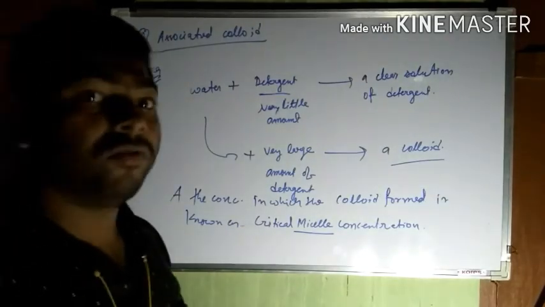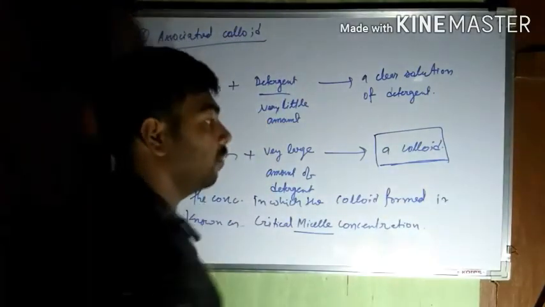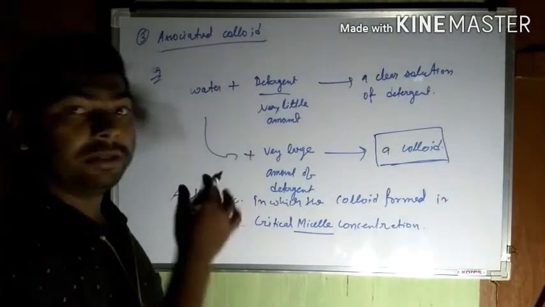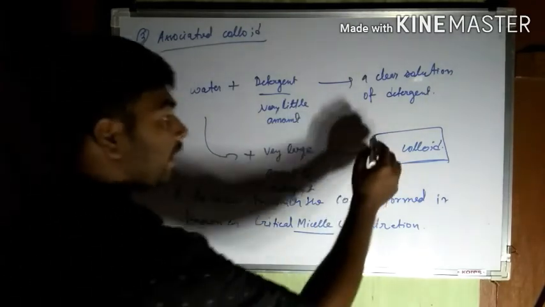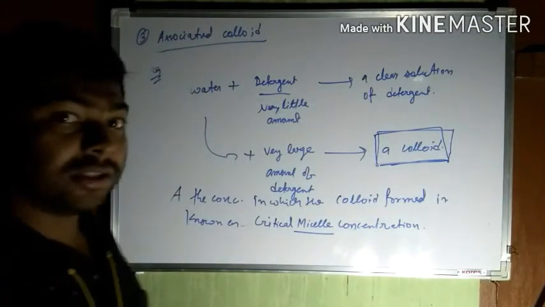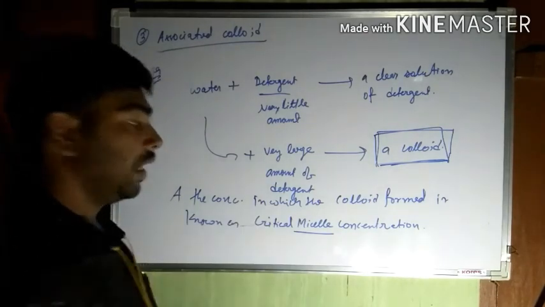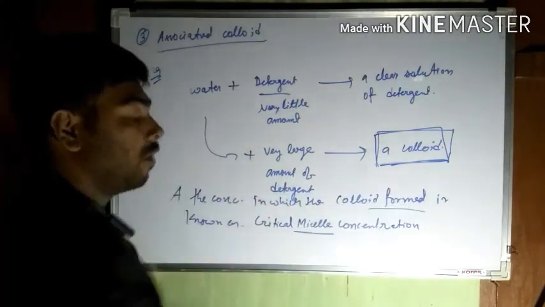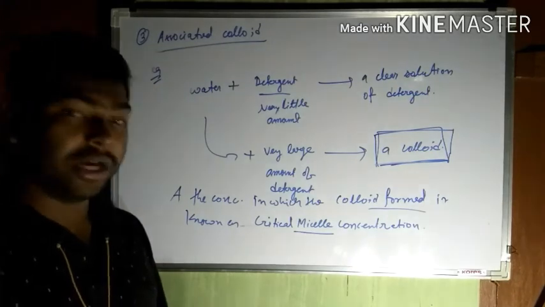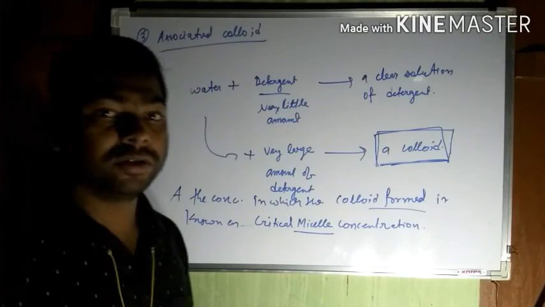Now, what is a micelle? Whenever a colloid forms, it must be an aggregation of the molecules of individual species, and this aggregation to form a colloid is known as a micelle. That's why I'm saying that the concentration at which the colloid forms is the critical micelle concentration, and the temperature at which the colloid forms is the Kraft temperature.